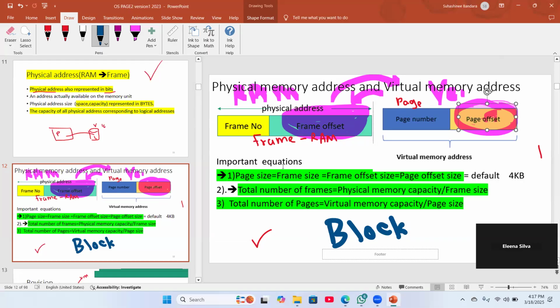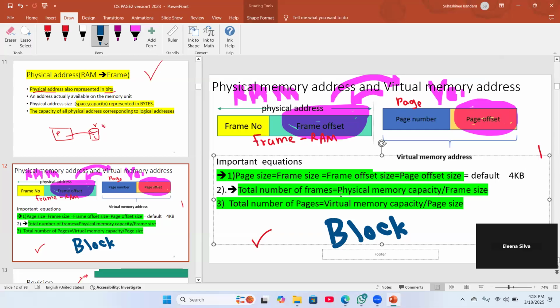So the paging file is moving both sides, and therefore page size is equal to frame size. Another name, frame offset size, page offset size. If the question does not give the value, by default we take 4 KB.